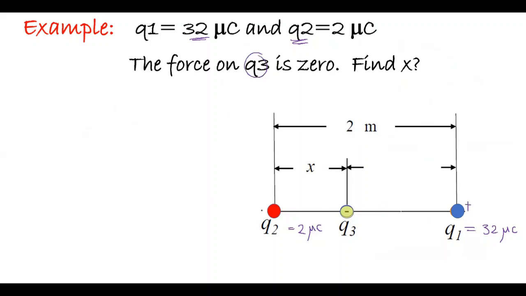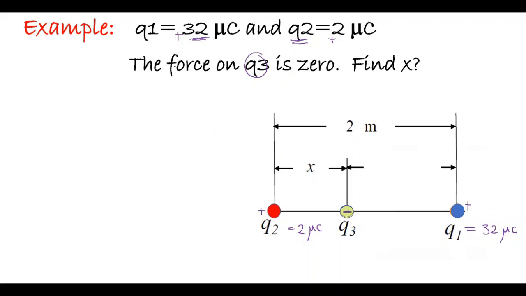These two charges are positive, and I know it is positive because the value here is positive. If the value here were negative, I would know that it is negative. And here Q3 is drawn as a negative charge, with the negative symbol in the yellow one.